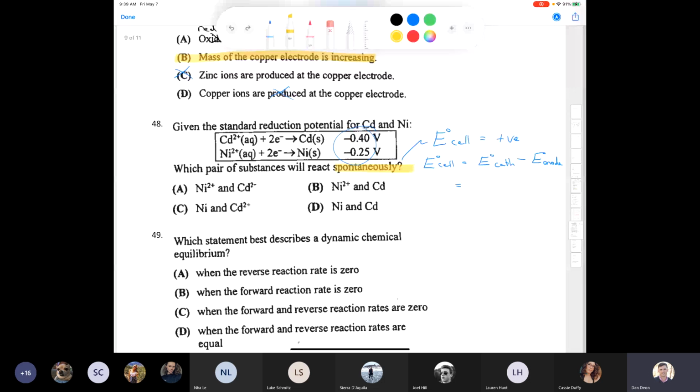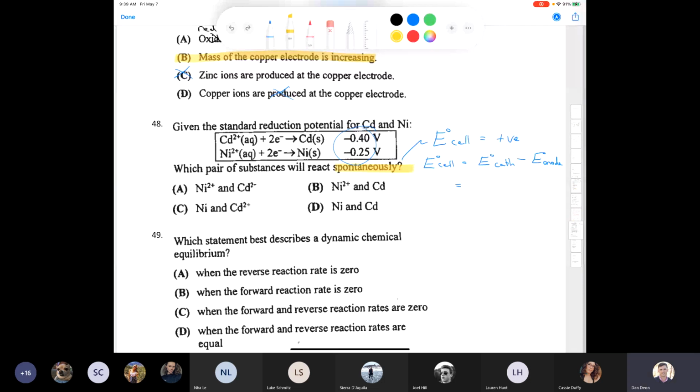Anyhow, how would we take negative 0.25 and negative 0.4 and plug them into this equation here and end up with a positive number? Well, the only way that I do that is if I choose the more negative reduction potential, so that for cadmium, if I choose that as my anode.